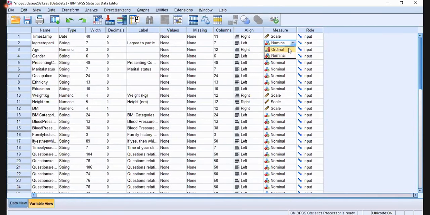However, marital status is considered nominal data, while ordinal data has some logical order, such as mild, moderate, severe, very severe, from low to high, or maybe agree, strongly agree, disagree, strongly disagree. This is again ordinal data on a Likert scale. So back to our presentation.